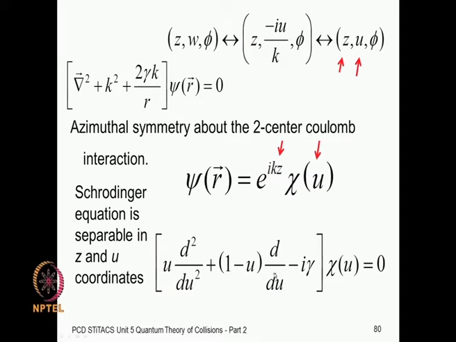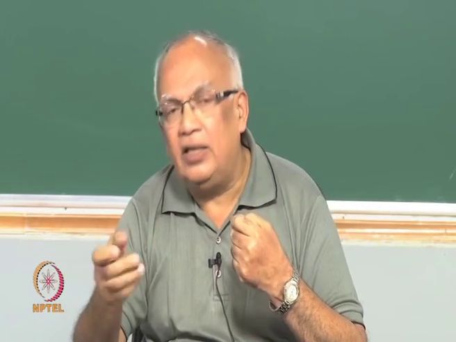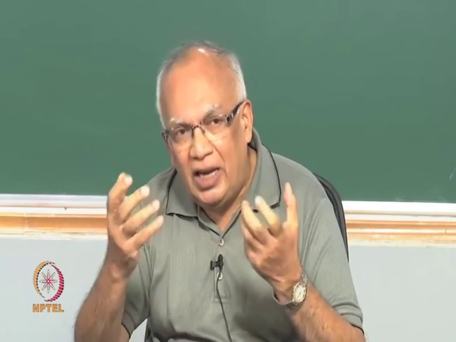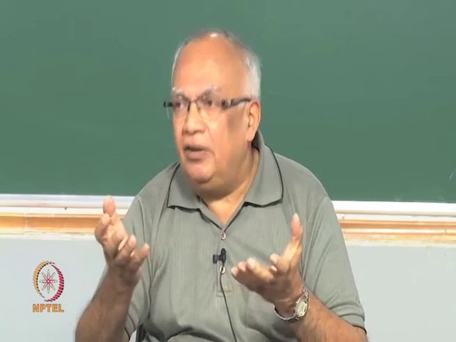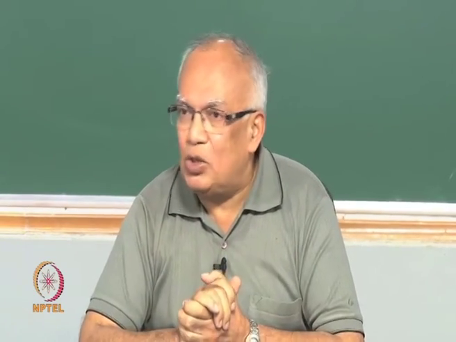Now, you have done this with so many 3-dimensional problems in which you end up exploiting the symmetry and then reduce the Schrodinger equation to a 1-dimensional Schrodinger equation like the radial Schrodinger equation. All the dynamics is then there in the radial Schrodinger equation. All the spherical symmetry is taken care of by the spherical harmonics and so on, right.